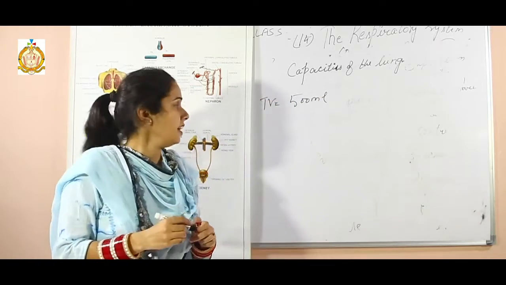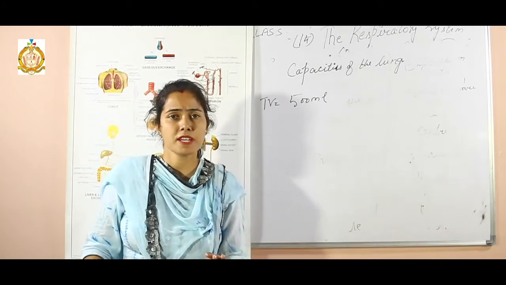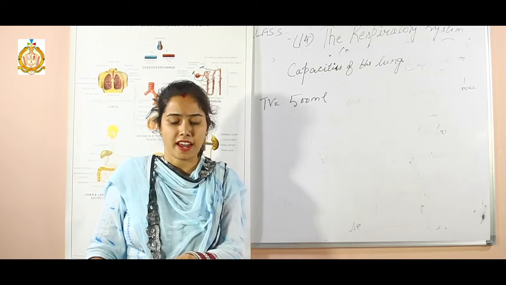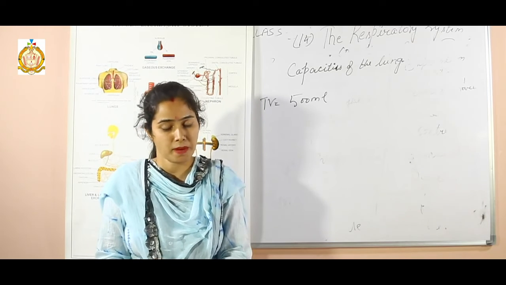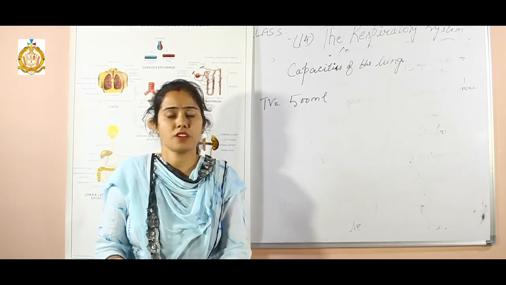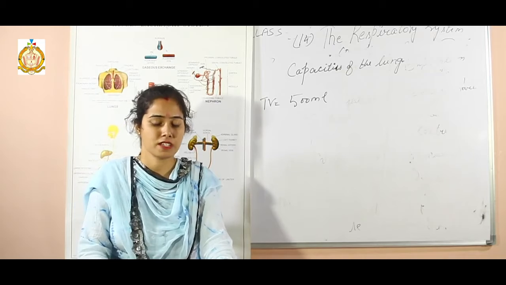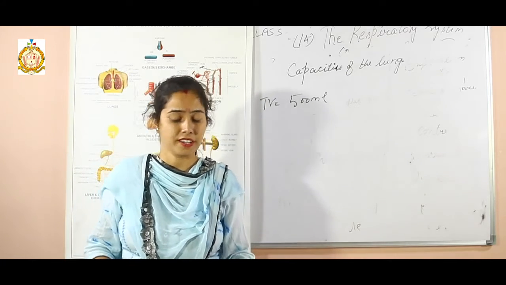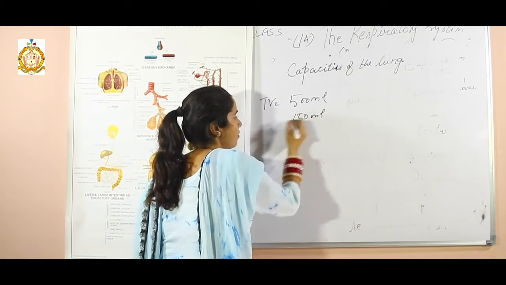In tidal volume there are two terms: dead air space and alveolar air. Dead air space is the part of the tidal air that is left in respiratory passages such as the trachea and bronchi, where no diffusion of gases can occur. The volume is 150 ml.